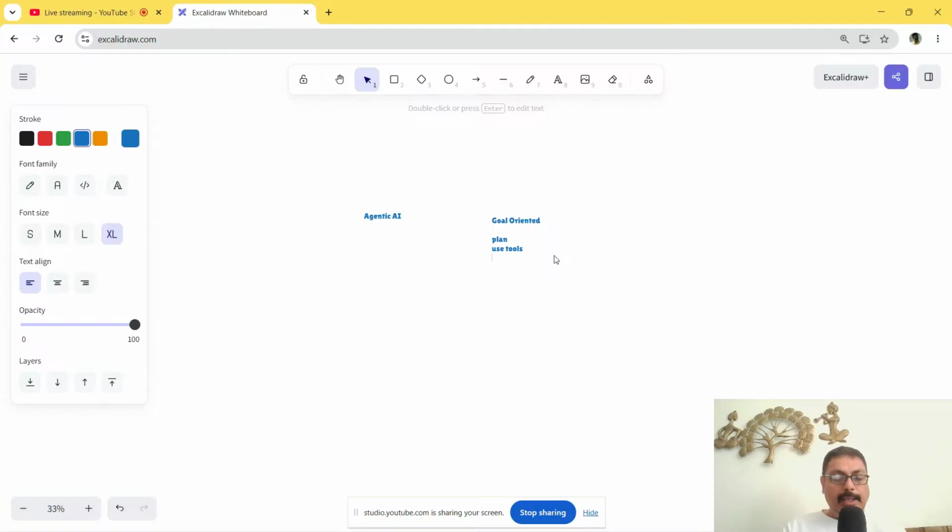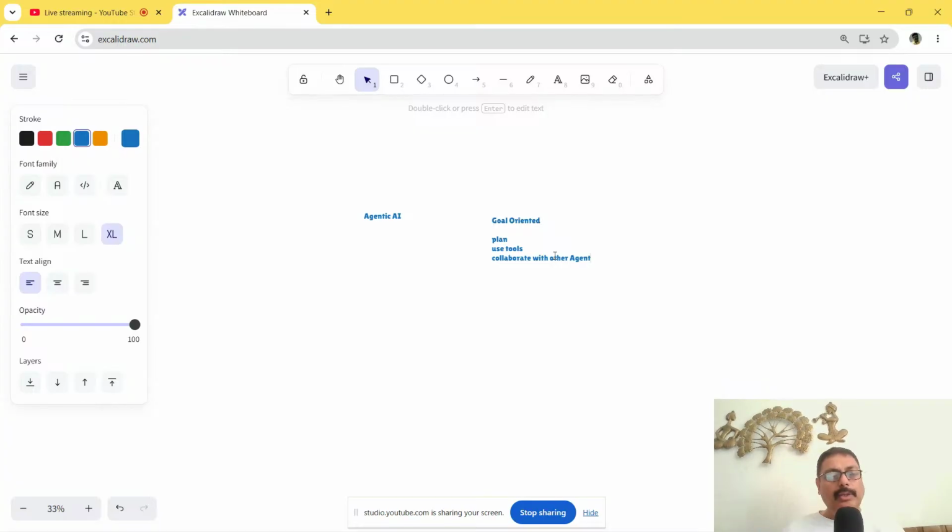Then it can collaborate with other agents. You must have heard about multi-agentic systems, where different agents collaborate and share the task.